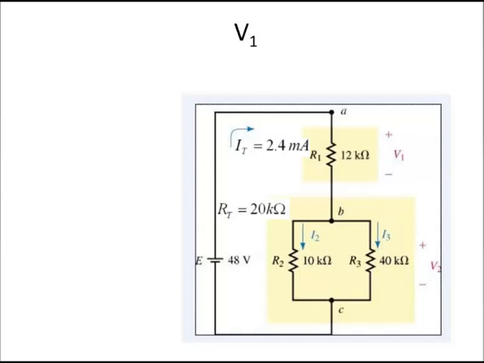Now that we have calculated what the total current is, we note that this total current goes through R1. So now we can calculate the potential difference across R1, or the voltage across R1. So give that a try now.